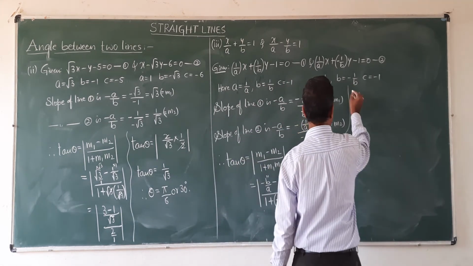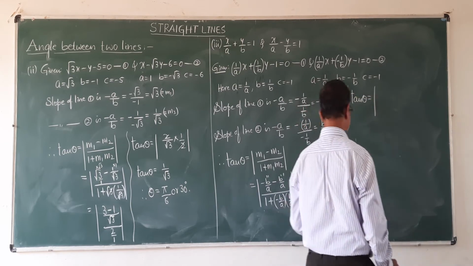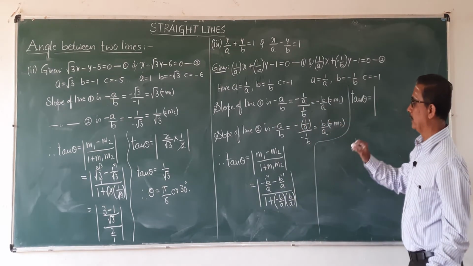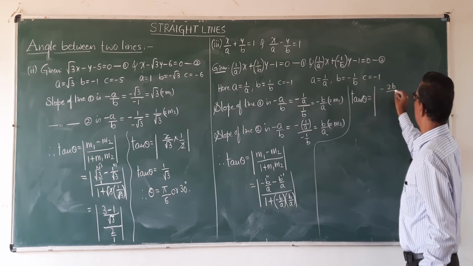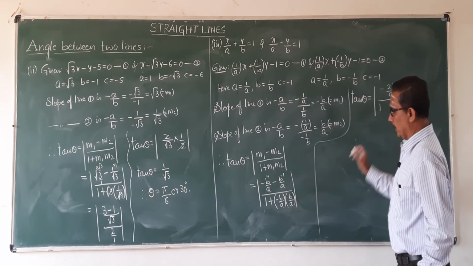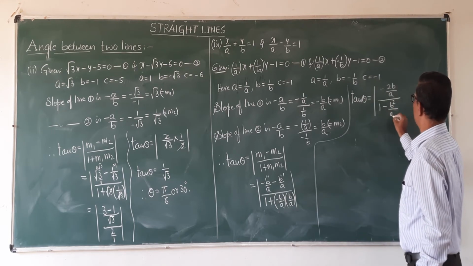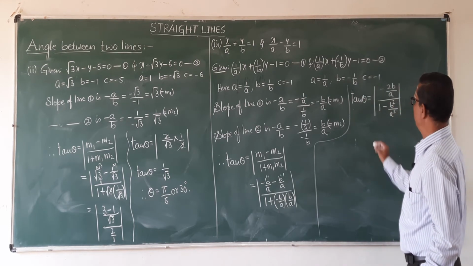See, tan theta is equal to modulus of, LCM is A minus B minus 2B upon A, whole divided by 1 plus into minus B into B square divided by A into A square.